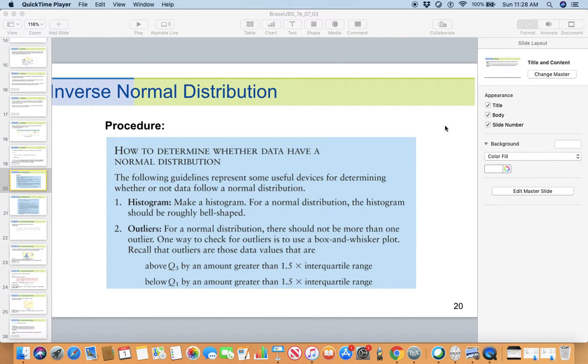So you are way beyond the third quartile or way beyond the first quartile. So what is that way beyond? That way beyond is 1.5 times the interquartile range. So if a data item is way beyond these two values, it is an outlier, and a normal curve should not have more than one outlier.